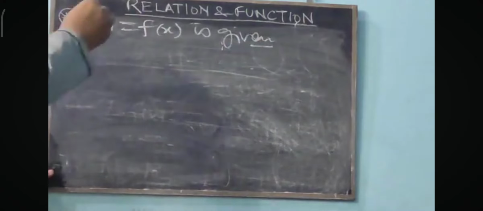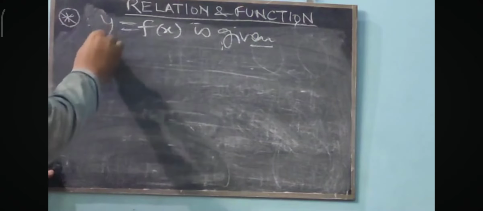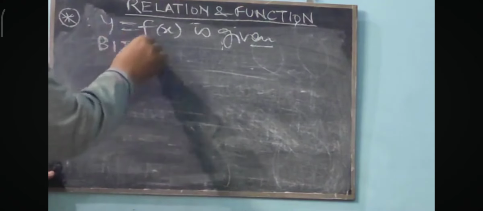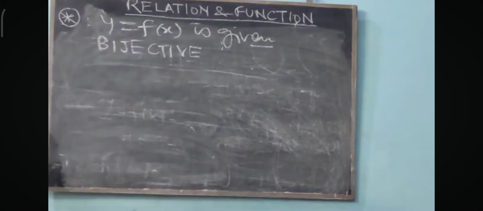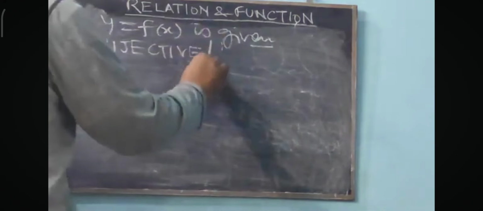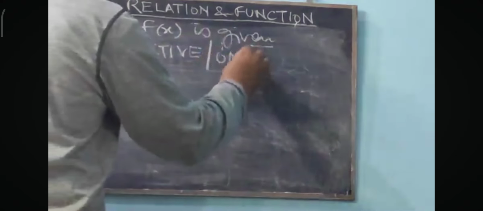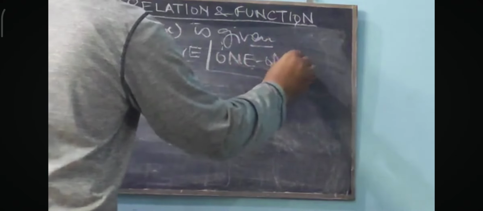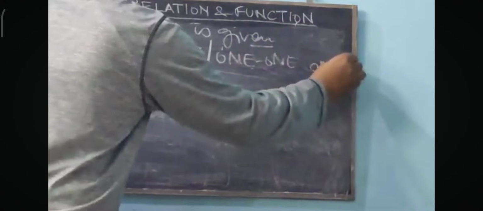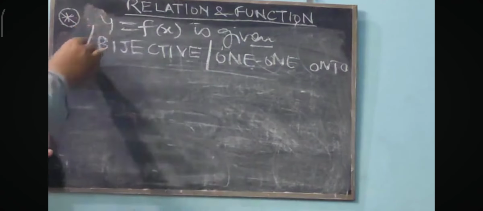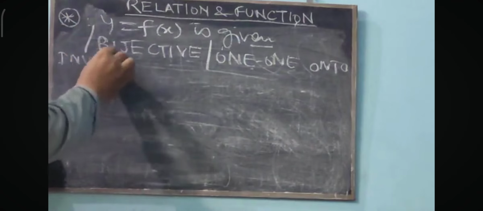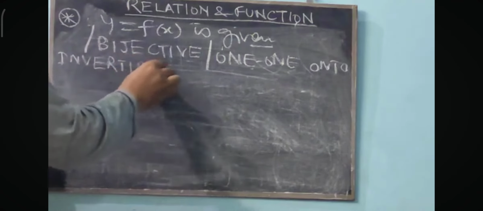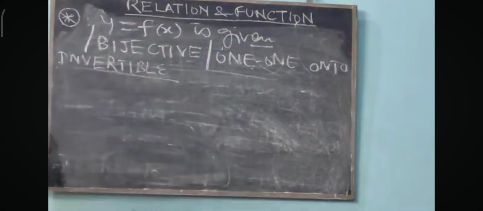He says check whether the function is bijective or not. Sometimes he says check whether the function is one-one onto or not. And sometimes he says check whether the function is invertible or not.